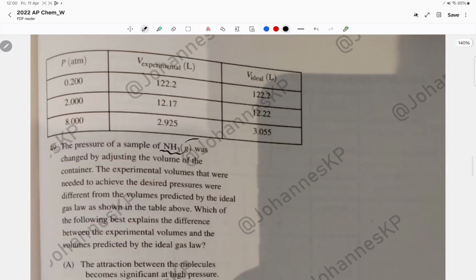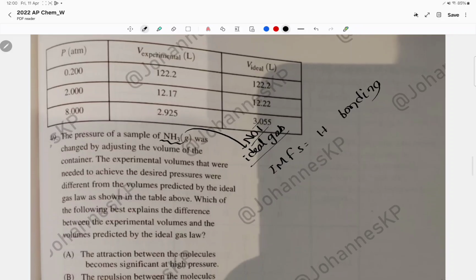Ammonia is an ideal gas. Okay, so is it ideal or not ideal? How would I know? It has strong IMFs. It has hydrogen bonding. So what do you expect? You expect deviation. It's still a gas, but it's going to act not so ideal by showing IMFs, by showing attractions.